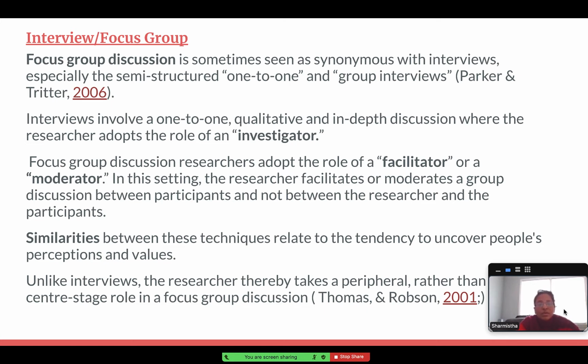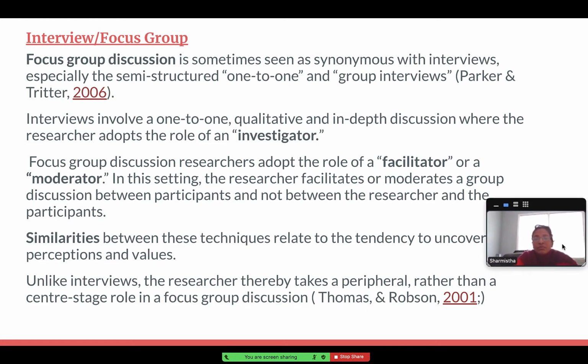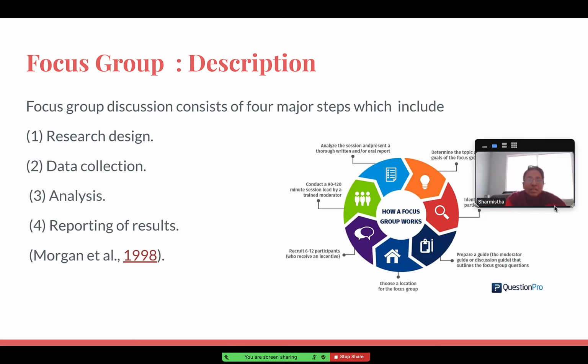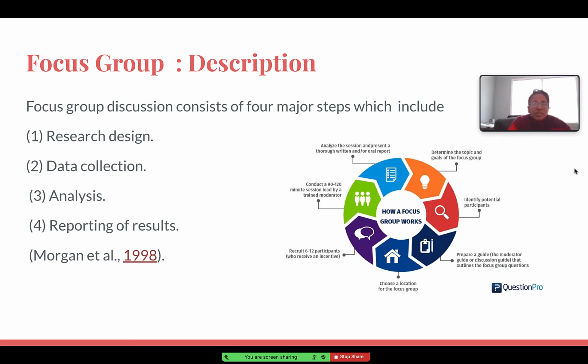Unlike interviews, the researcher thereby takes a peripheral rather than a center stage role in a focus group discussion. So the focus group discussion consists of 4 major steps, which include research design, data collection, analysis, and reporting of the data that we collected.